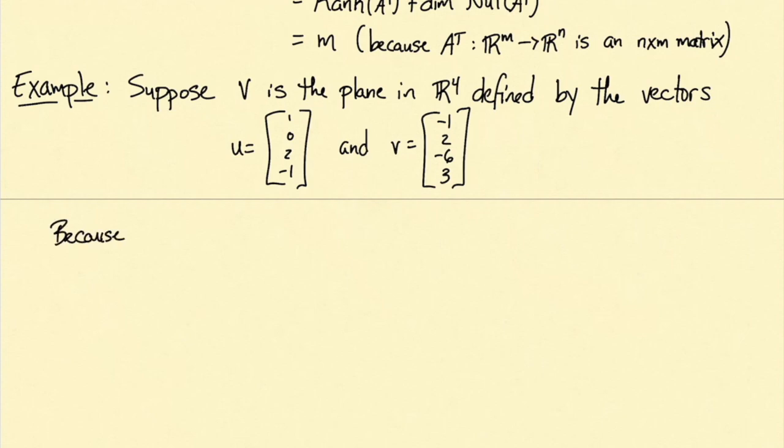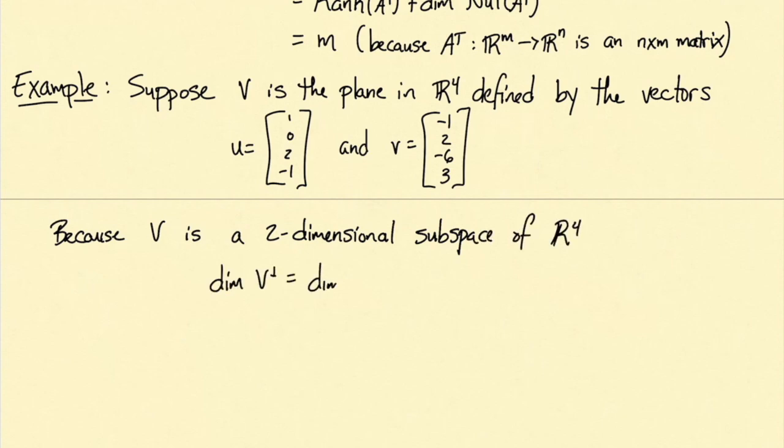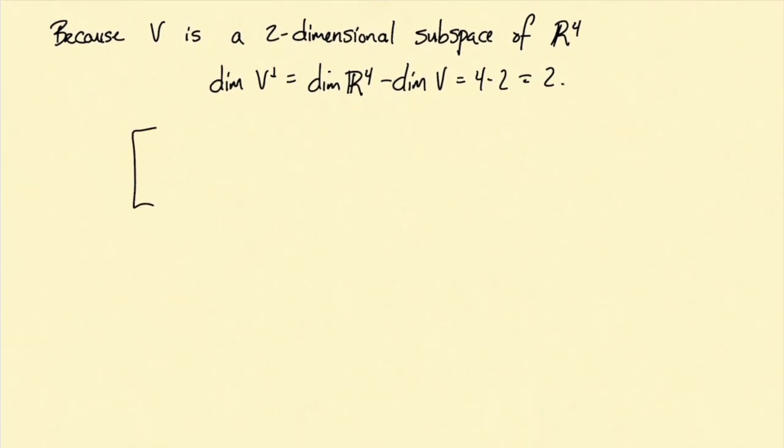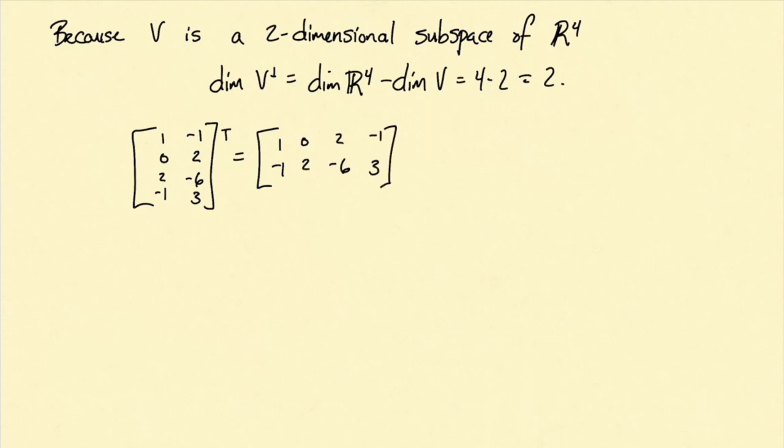Because this plane lives in R^4, its orthogonal complement will have dimension 4 minus 2, which is 2. So if we wanted to find the plane perpendicular to V, then we can do this by first computing the transpose of the matrix with columns u and v, and then computing its reduced row echelon form.